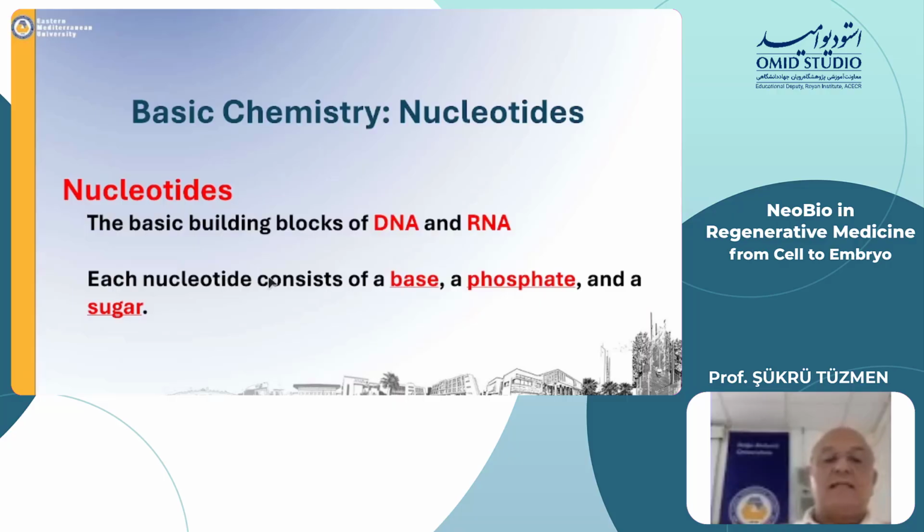Each of these nucleotides is made up of certain bases. Whenever I talk about the bases of the DNA, I usually make an analogy with the letters in the alphabet.